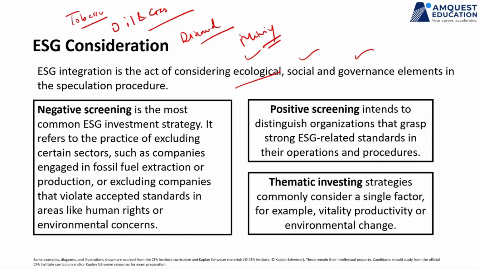All your non-renewable energy sources like coal is a negative ESG consideration. So any company which is negative for environment, society, or on governance standards will be part of the negative screening list. And you have to now align yourself to a portfolio.